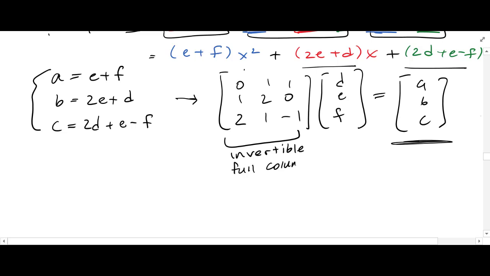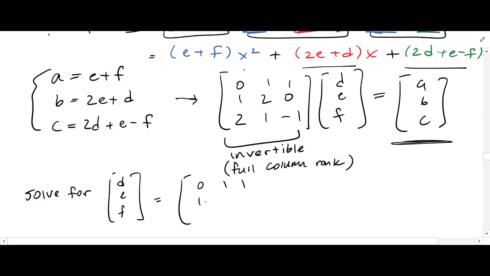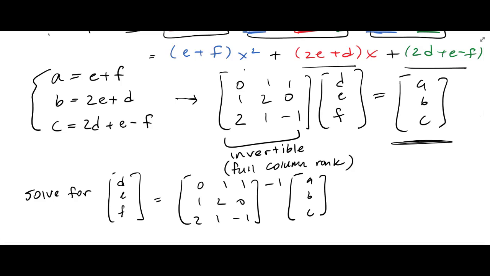We can solve for D, E, and F by just taking the inverse of this matrix on both sides. To solve for D, E, and F, it's just the inverse of this matrix times A, B, C. And since we can solve the equation, that means that the polynomials do span P2.